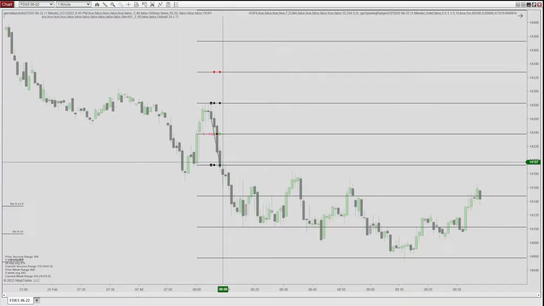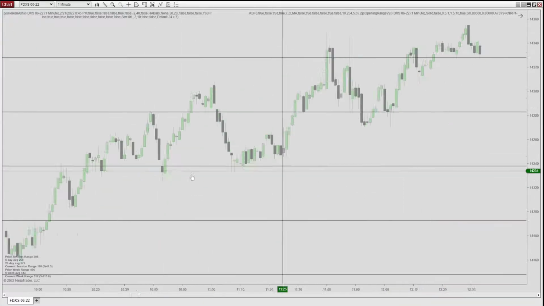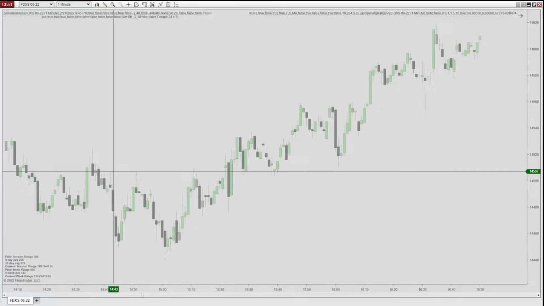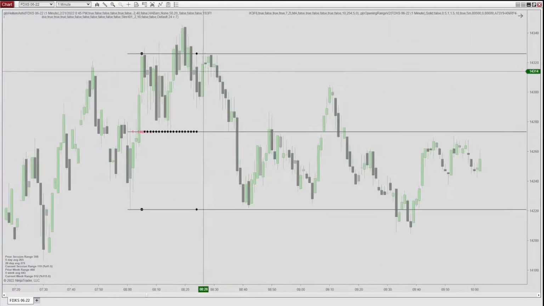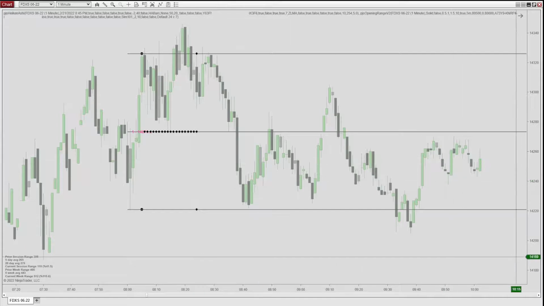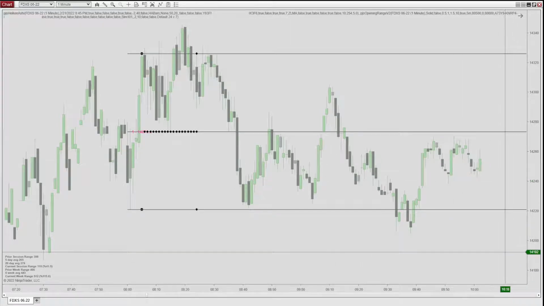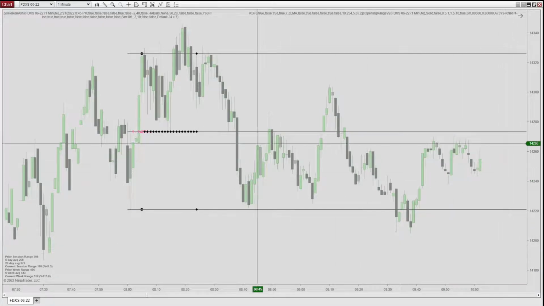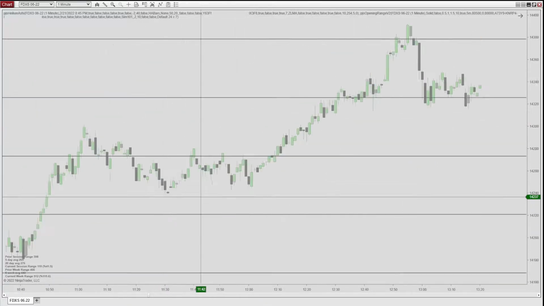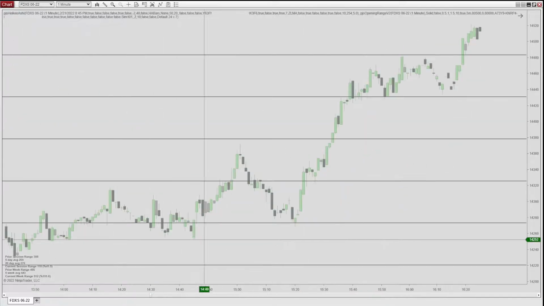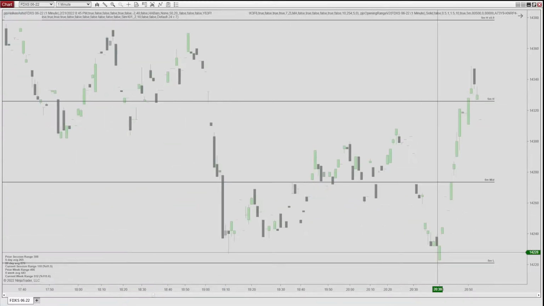Well, we got both trades worked here. Gave up on this one. Did actually work. Maybe I should have coded that to try a bit longer.